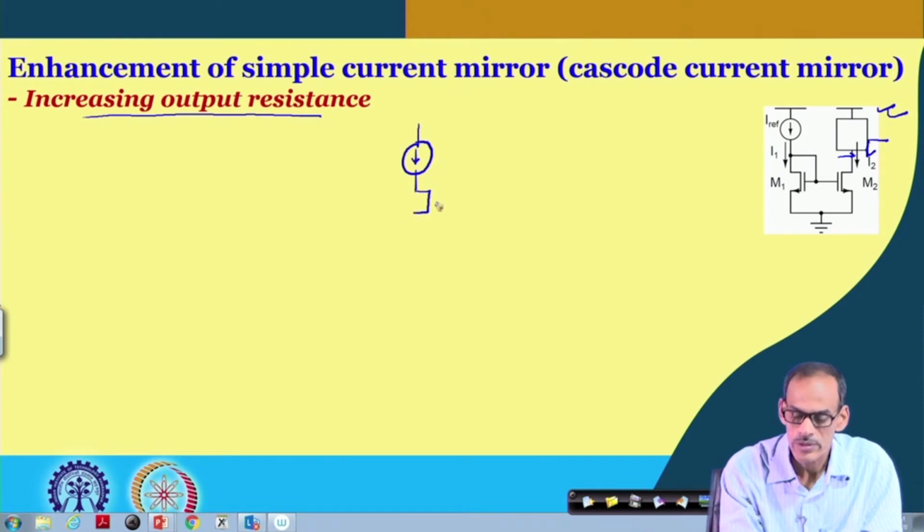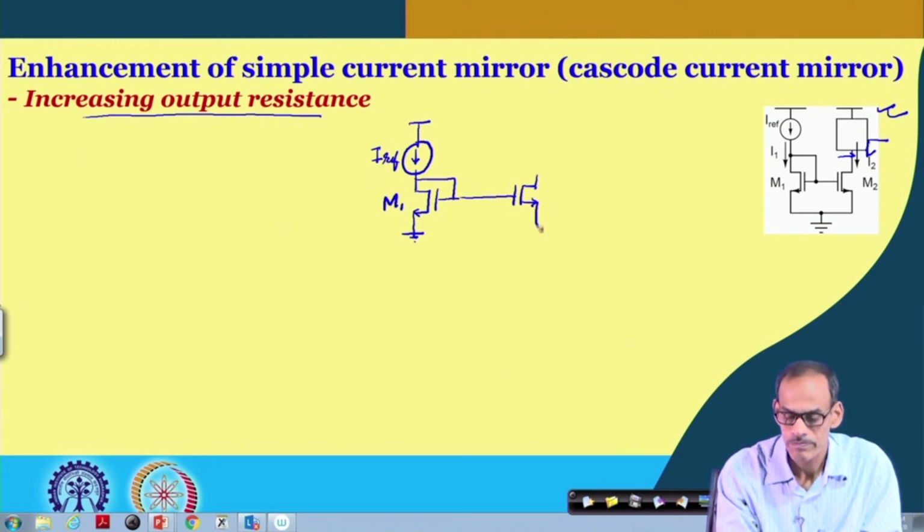So, M1 and its connection remain the same. We have the reference current here connected to the supply voltage, and then we have M2, and then we have the application circuit here, but in between we would like to place one transistor, keeping both the transistors.